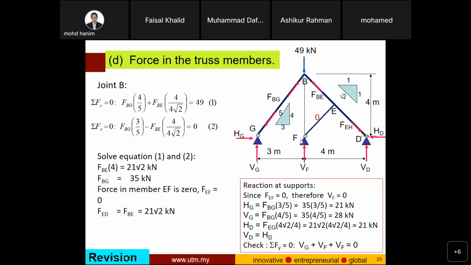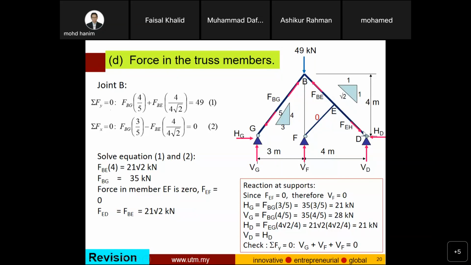So in this case, FDE equal to 0. Don't waste time to find it, don't waste time to develop a formula because there is no formula. The member is a zero-force member, which means FBE equal to FEH.